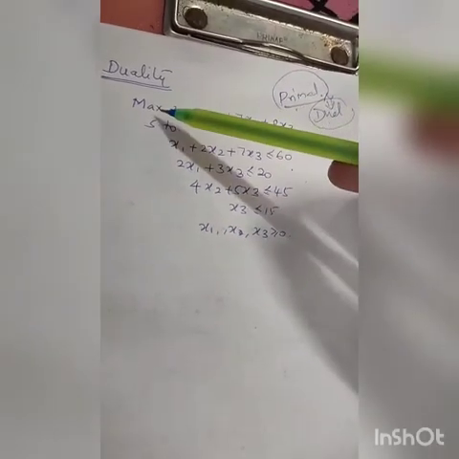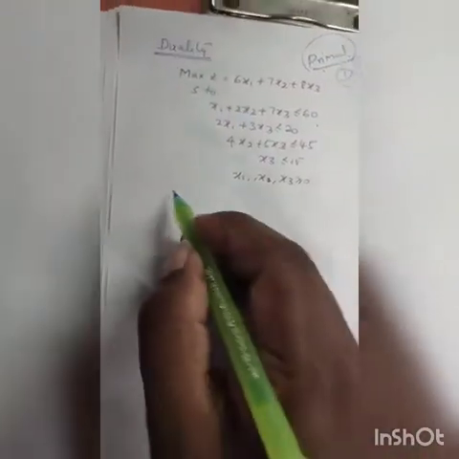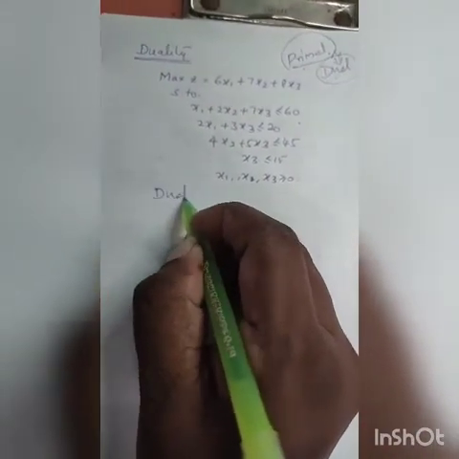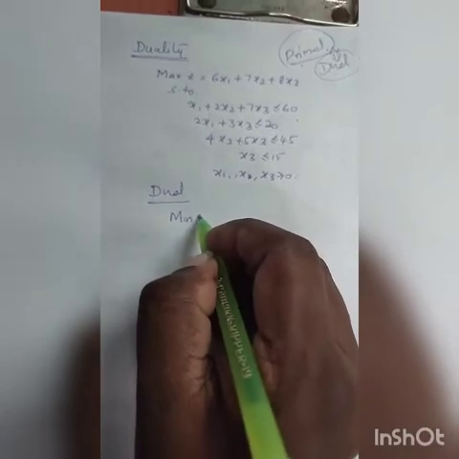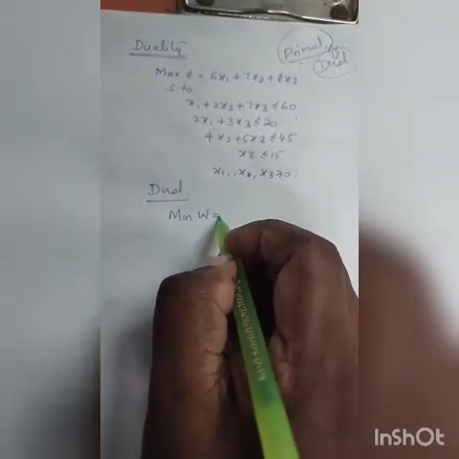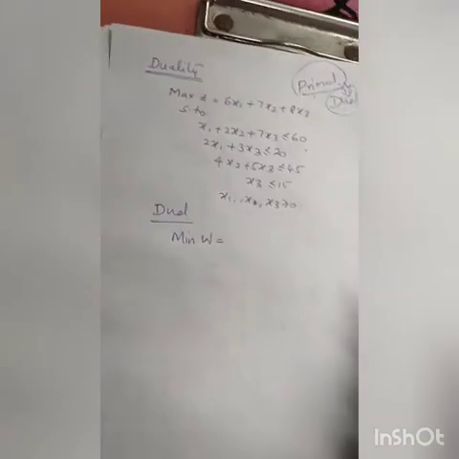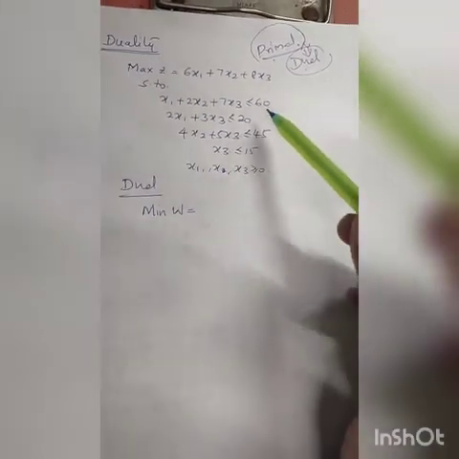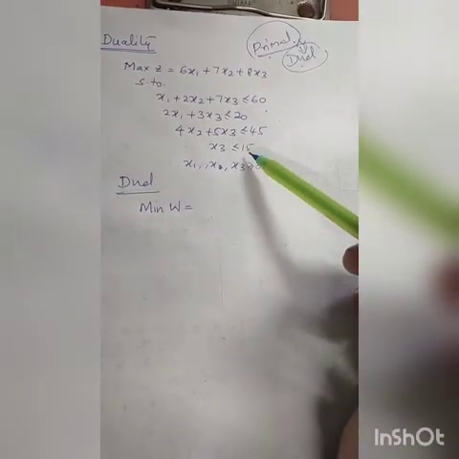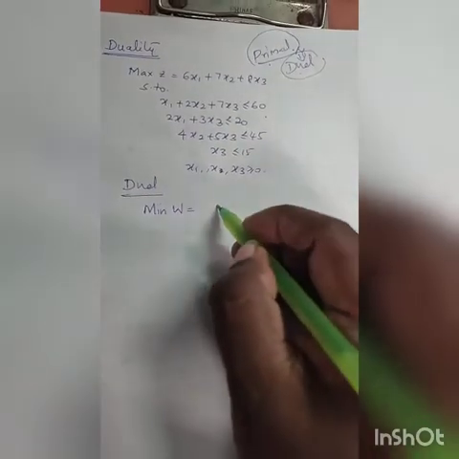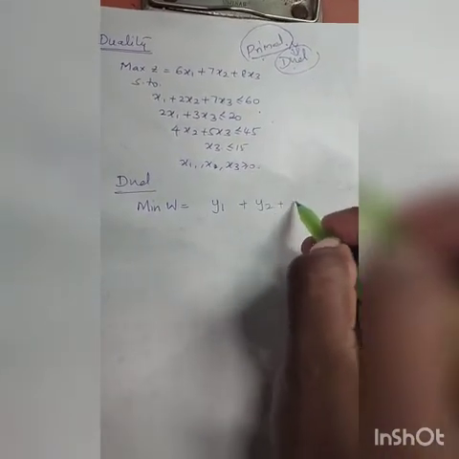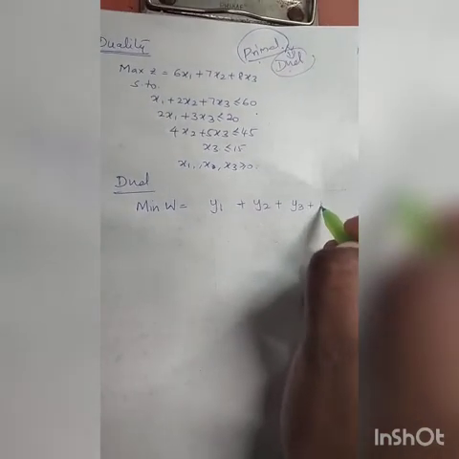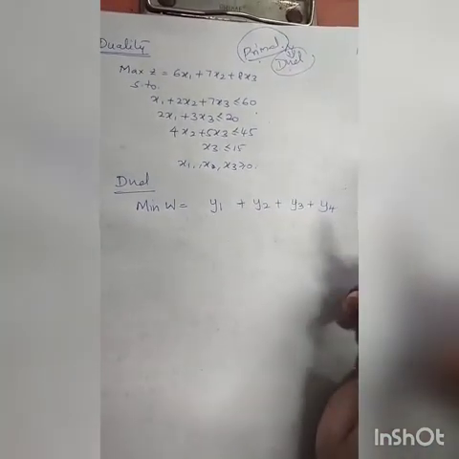First of all, this is a maximization problem, so my dual will be a minimization problem. Now I have 1, 2, 3, 4 constraints, so therefore I have y1, y2, y3 and y4, 4 decision variables.